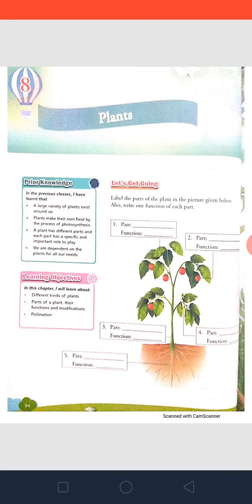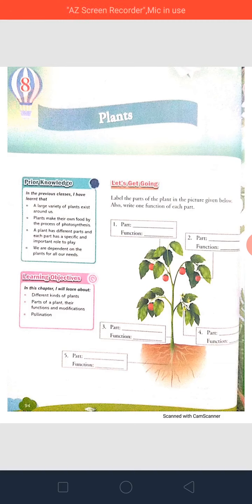And then write down on the 5th, keep your finger. Very good, very good. Be fast. Keep your finger on the 5th part, that is the non-green part of the plant that remains under the ground. Can you tell me the name? Yes, roots.